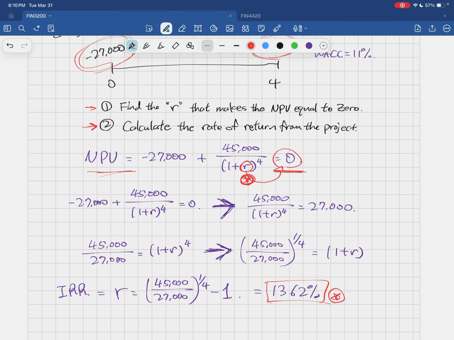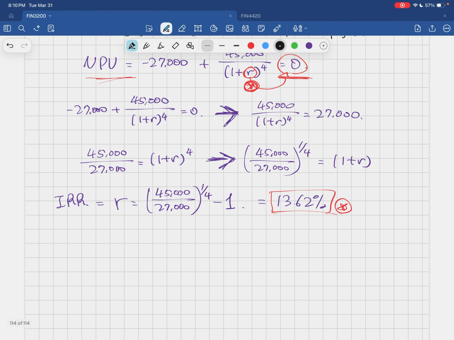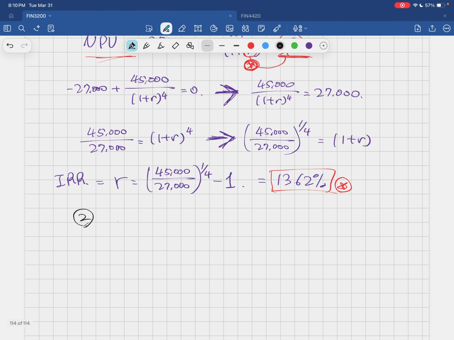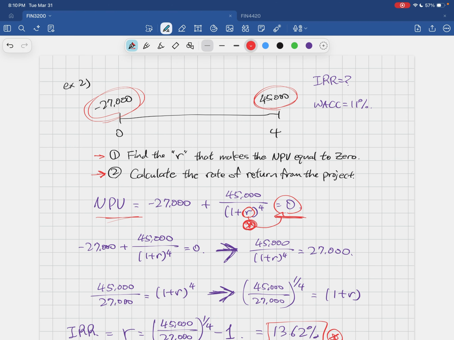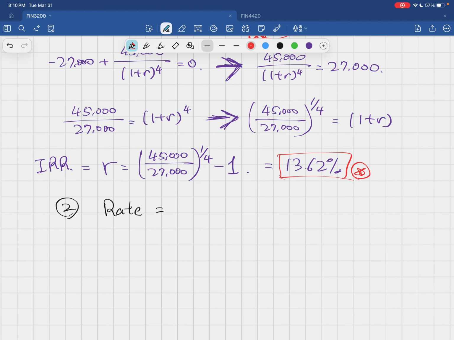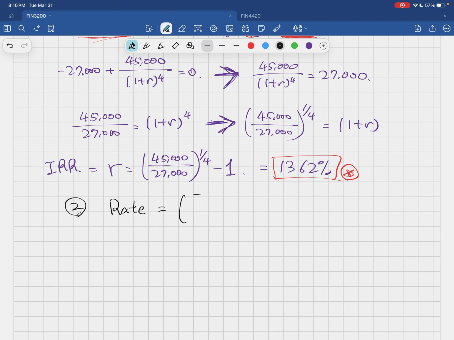Okay? So we know a formula from before. It's the rate formula. Rate given the present value and the future value and the number of years is equal to the future value over PV raised to the 1 over nth power minus 1. So you just have to be careful.